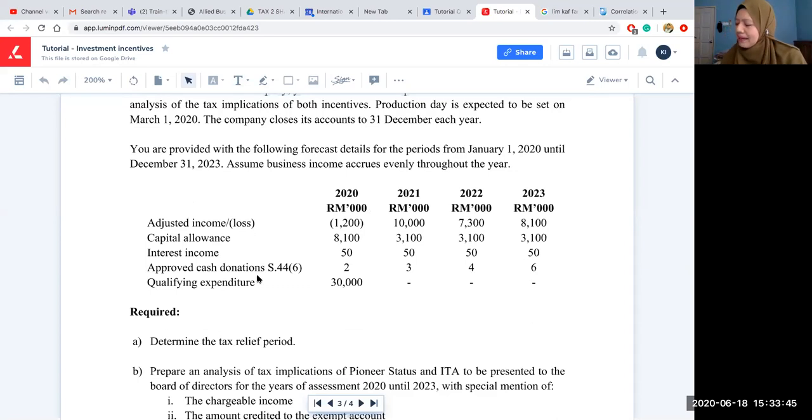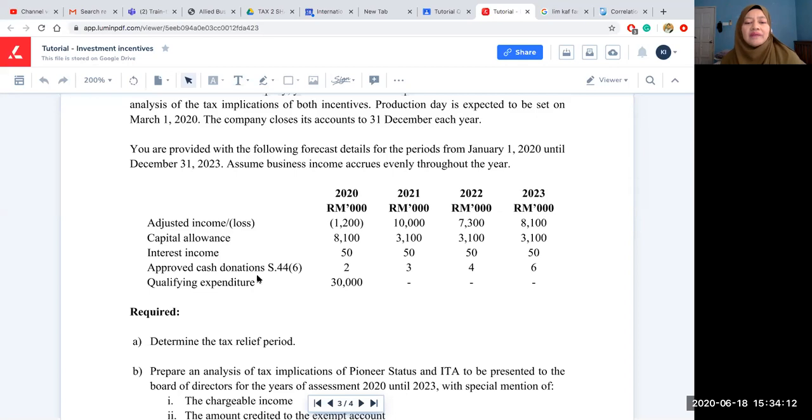So monthly loss is 100,000. 100,000 times 2 months. Why 2 months? Because January and February is a non-pioneer period. So for the non-pioneer period, you have a loss of 200. And for the pioneer period, you have a loss of 1,000. So that's how you divide the losses when there are pioneer and non-pioneer periods. If it is income, you also divide accordingly on the time portion.